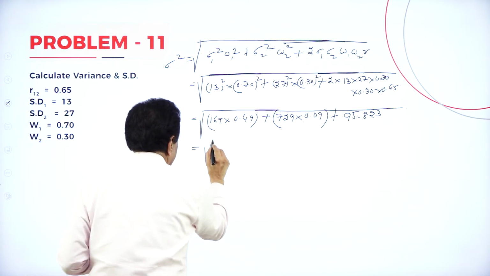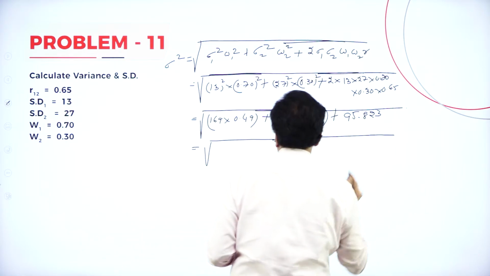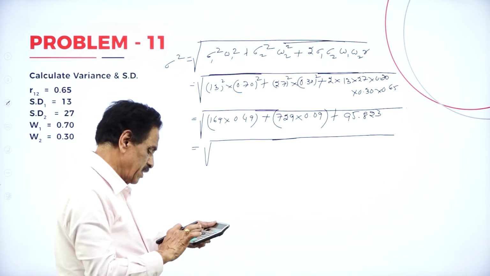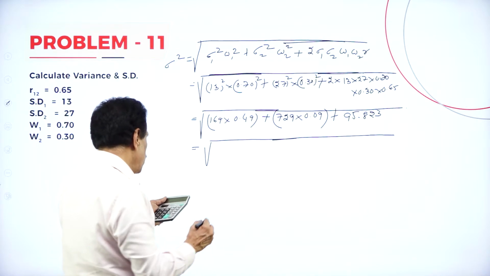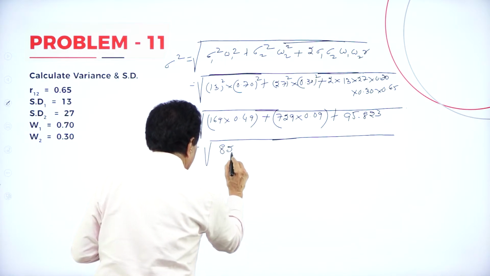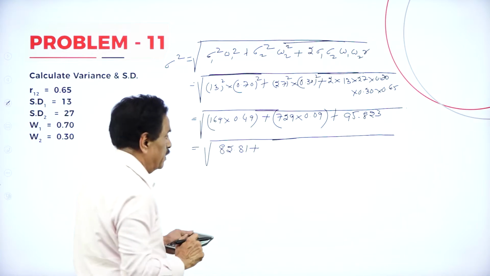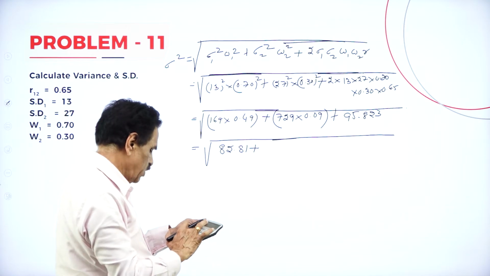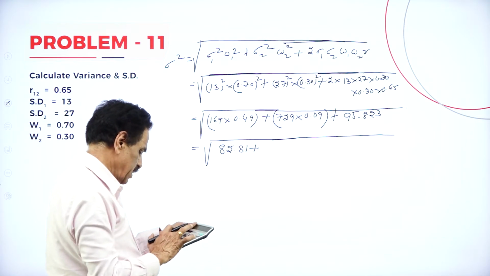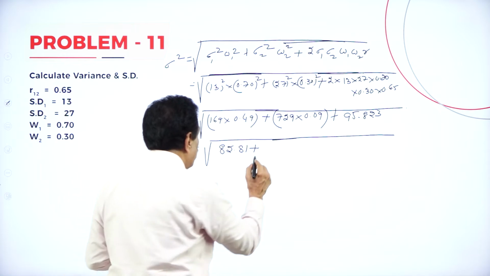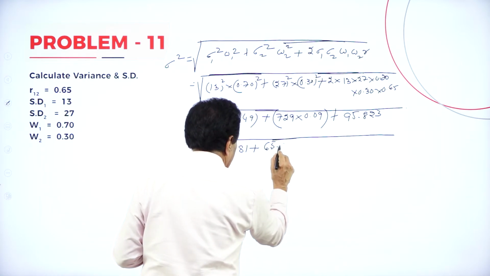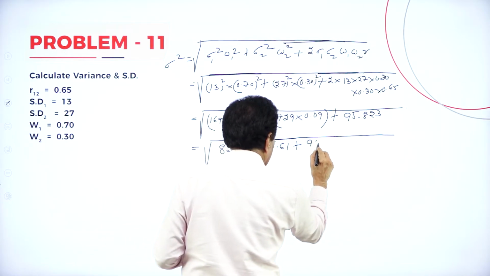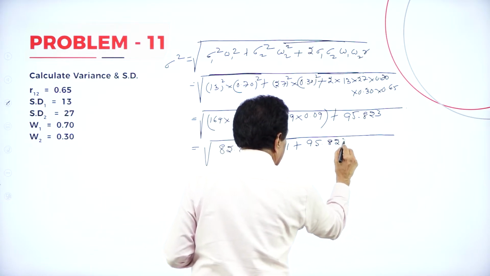Simplify. 169 into 0.49, 82.81, plus 729 into 0.09, 65.61, plus 95.823.